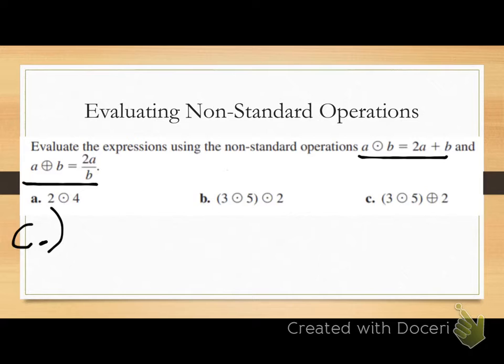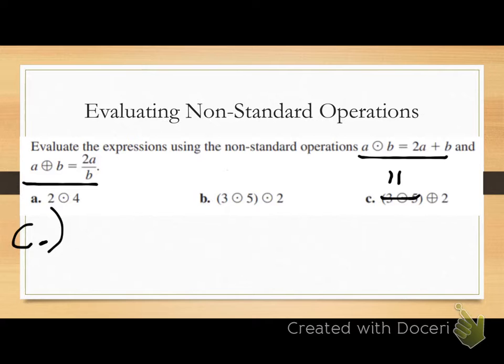Order of operations. So I'm doing 3 circle dot 5 first. Have I already done 3 circle dot 5? Yes. What was 3 circle dot 5? 11. Does anyone need to see that work again, or can I just put 11 for 3 circle dot 5? I can show it again if I need to. Does anyone need me to show it? Okay. 3 circle dot 5 is just 11. Everyone good there?